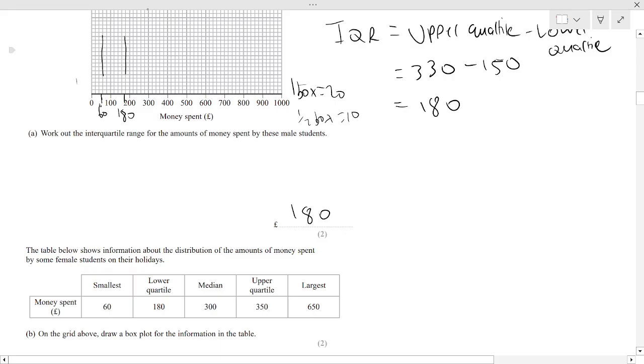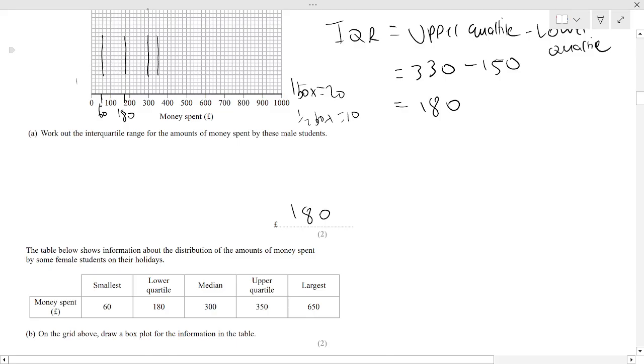Then the median's 300. Well, 300 is nicely here, right? That's pretty obvious. That's 300, the median. The upper quartile is 350, so that's going to be, again, up here, isn't it? So it's like the midway of 2.5 boxes away. So that's your upper quartile, and then your largest value will be 650.